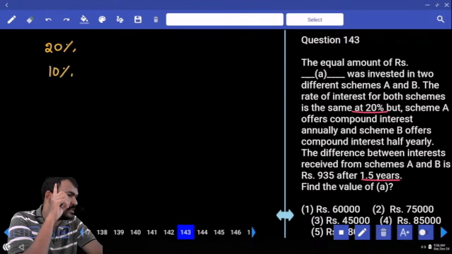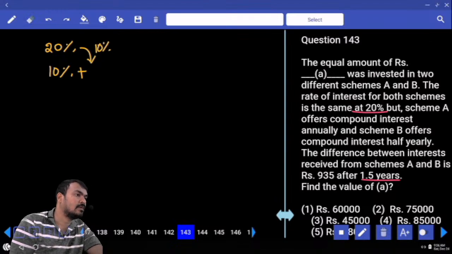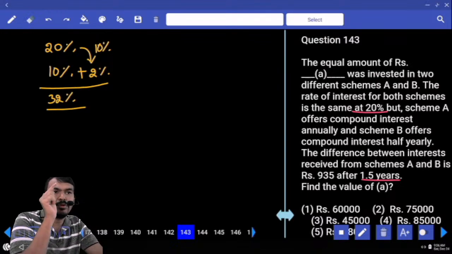But compound interest is always interest on interest, plus 10% of first year interest. What is 10% of 20%? 2%. What is the total interest? 32%. It is compound interest annual basis in scheme A.